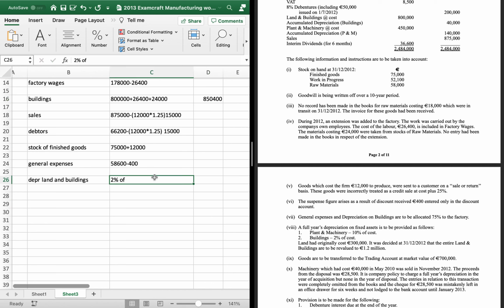So 850,400, but you have to take away the land, and the land element is 300,000. So it's 2% of 550,400, which is 11,008, which seems like a bizarre figure.